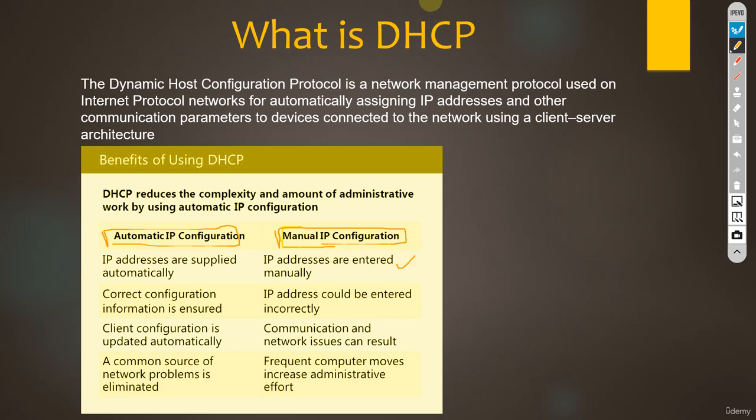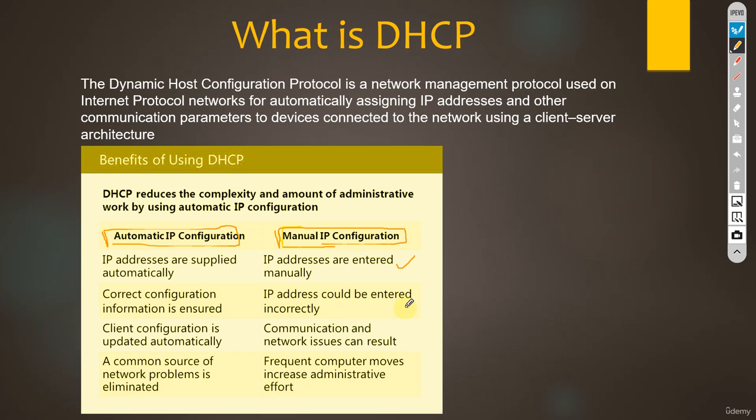your network. Then we have, IP addresses could be entered incorrectly. Means the possibility and the chances are, because everybody makes a mistake, the chances are you are going to put the same IP address or maybe an extremely different IP range on two computers.